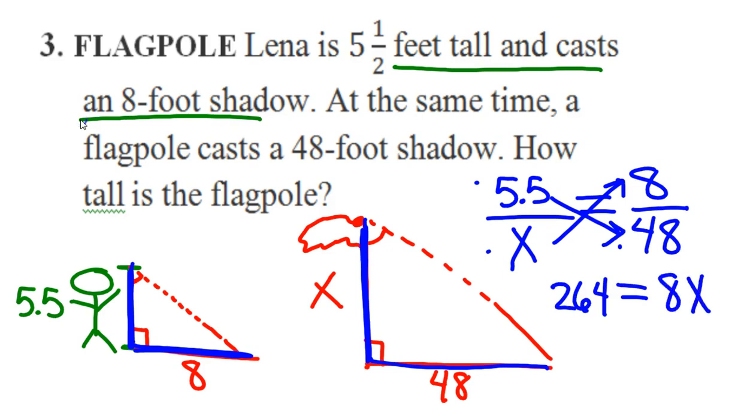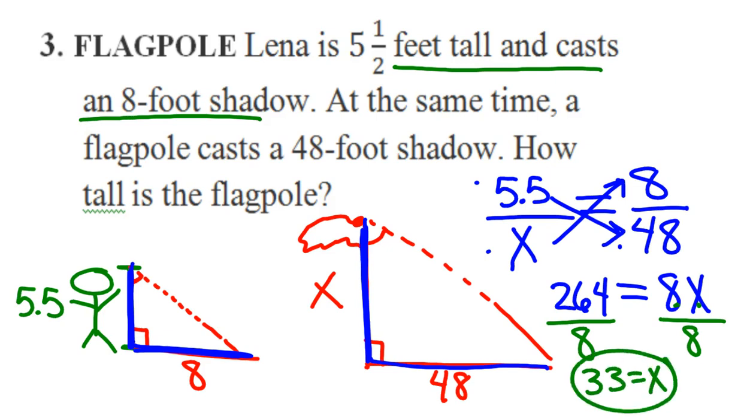We're going to solve it for x, so we're going to get rid of the 8 by division. We always do the inverse operation. It's been multiplied, so we're going to divide. So 264 divided by 8 is 33. So the height of this flagpole is 33 feet.